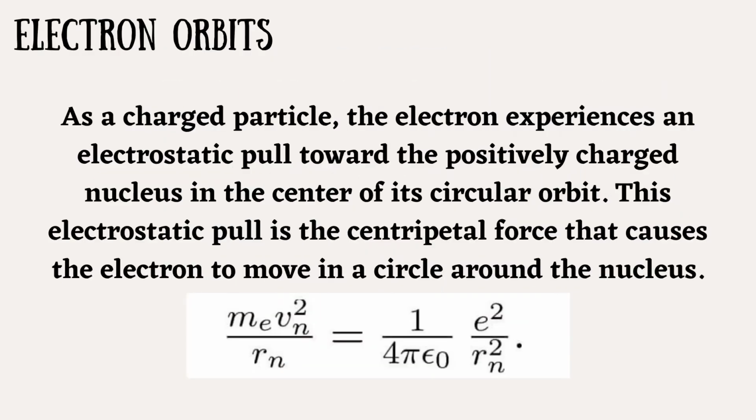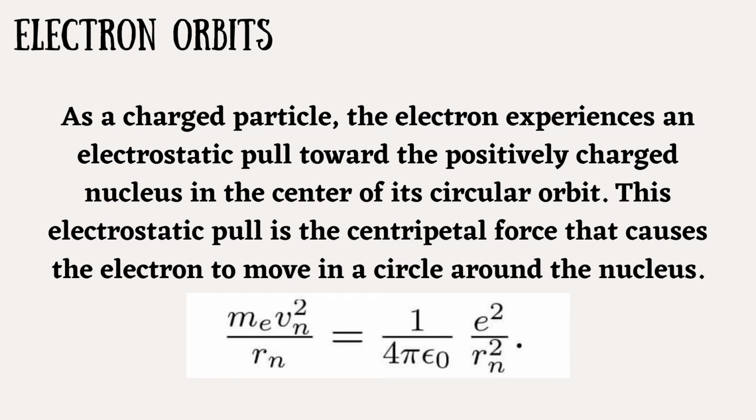Electron orbits. To obtain the size r sub n of the electron's nth orbit and the electron speed v sub n in it, we turn to Newtonian mechanics. As a charged particle, the electron experiences an electrostatic pull toward the positively charged nucleus in the center of its circular orbit. This electrostatic pull is the centripetal force that causes the electron to move in a circle around the nucleus.